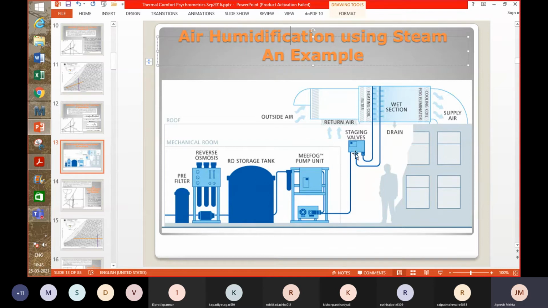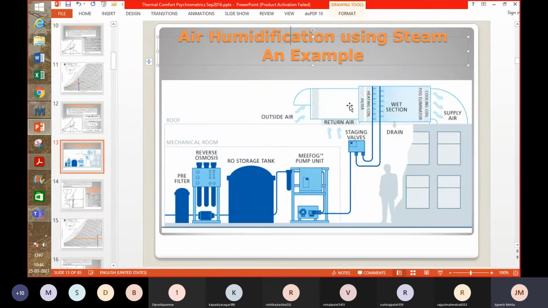Here you're vaporizing water and you don't want it to have very high salt content, TDS content. So you are softening that water, and then you're creating sprays of water, and that water evaporates and increases the humidity. So here it is only water which is shown, which is evaporating, but it could be like you soften the water and then you create low pressure, low temperature steam in the boiler, and then you can inject the steam also.